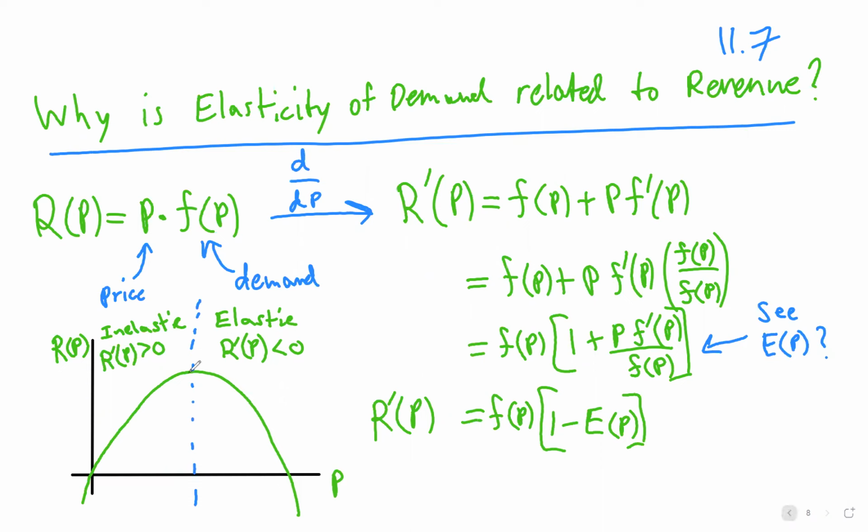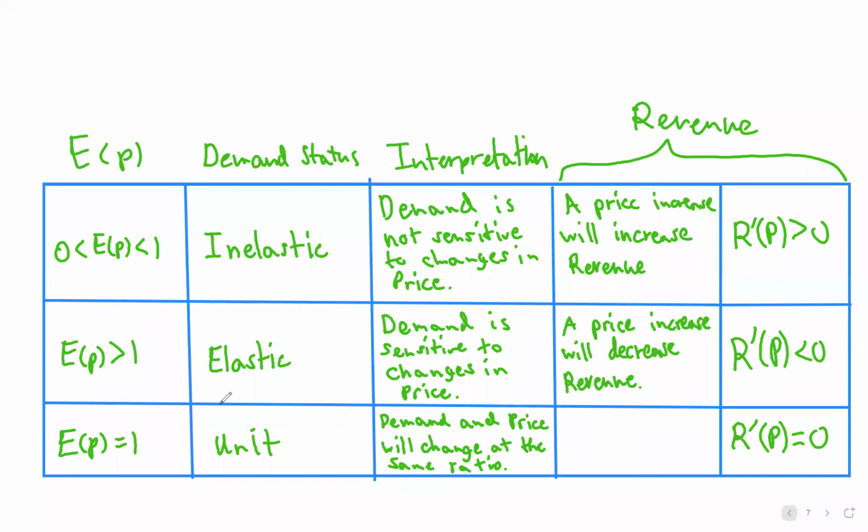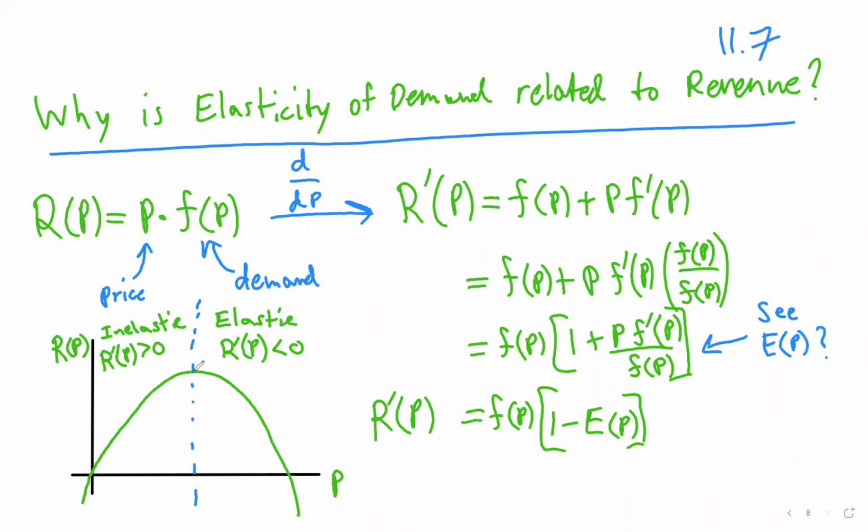And then the last one would be the unit case, where E of P is equal to 1 and the derivative of the revenue is equal to 0. That's right there at that peak. And so that's the best possible situation to have. That's what you're looking for, situations which are close to unit demand for maximizing revenue.